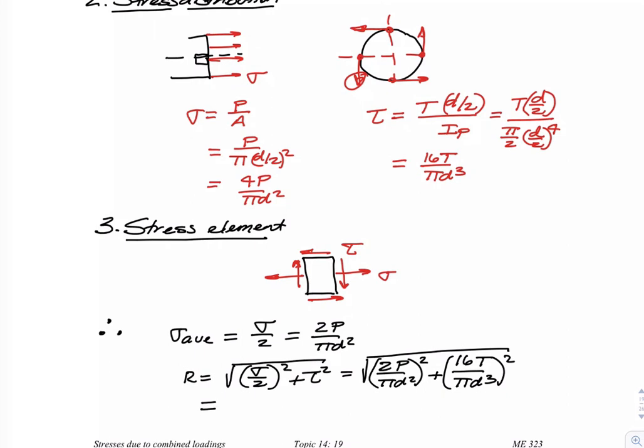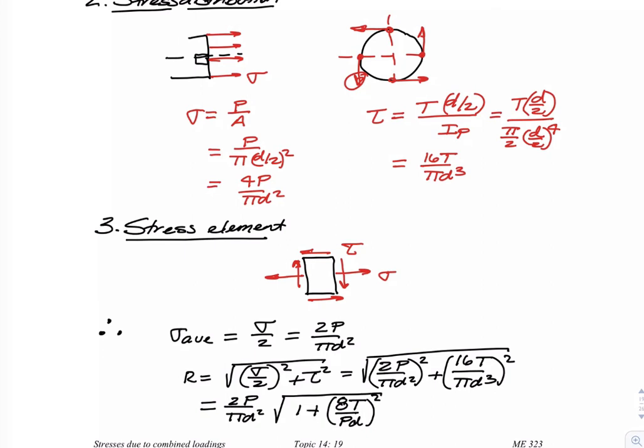When I square and combine and factor out some terms, I end up with 2P over pi d squared, the square root of 1 plus 8T over Pd, quantity squared.